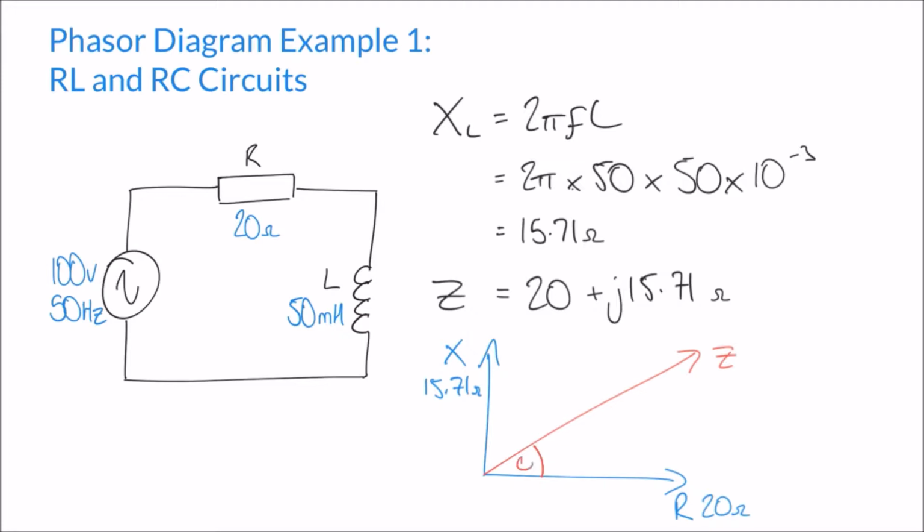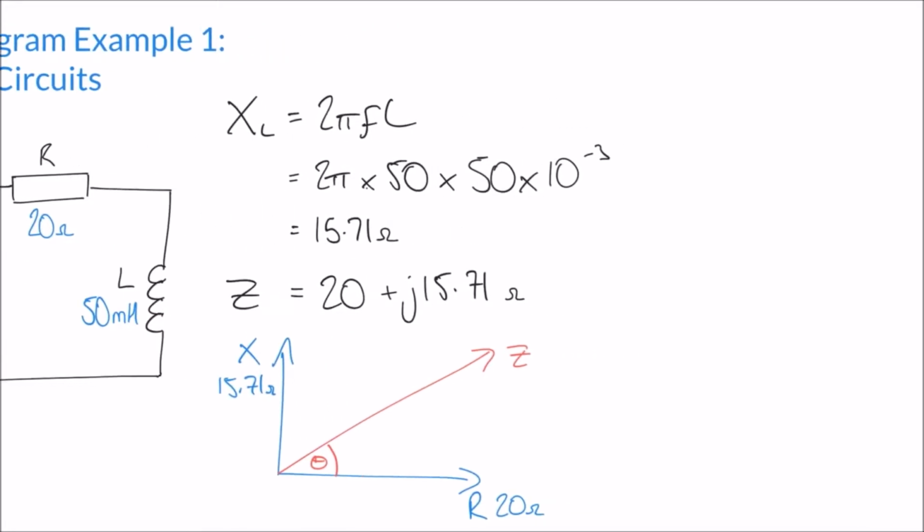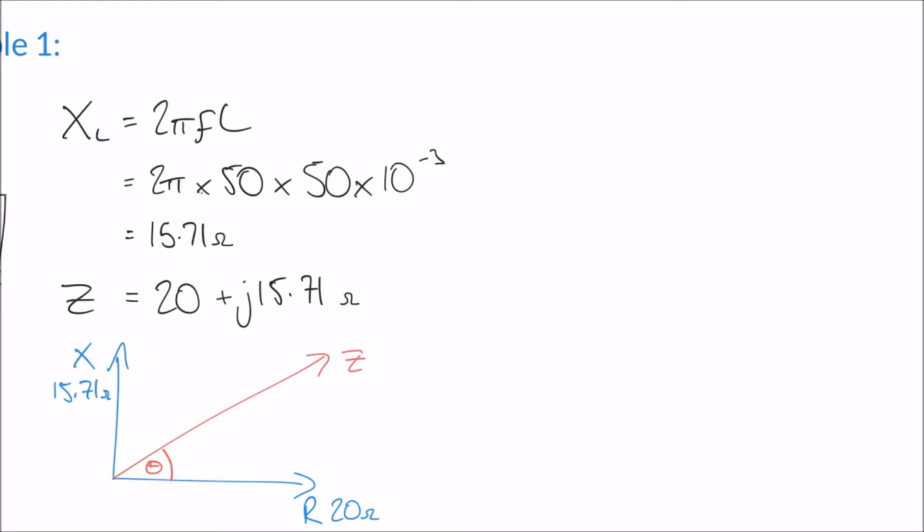So this angle marked here, we're also going to calculate as well. To do that, we're going to do two things. First of all, we're going to use Pythagoras' theorem to calculate the magnitude of that impedance. We're going to say that Z squared is equal to R squared plus X squared, because they form a right angle triangle, as it were.